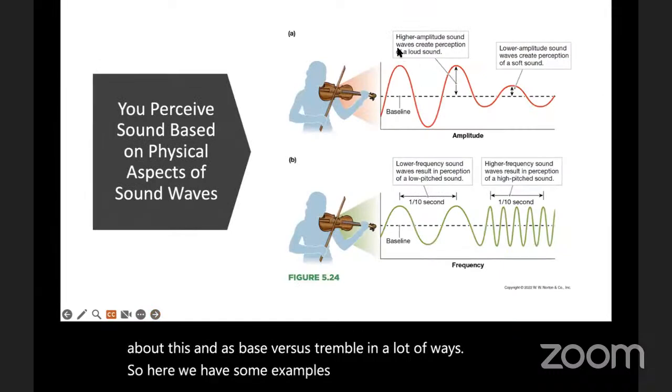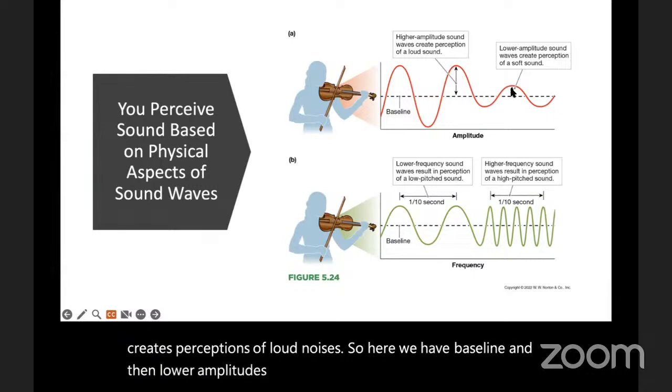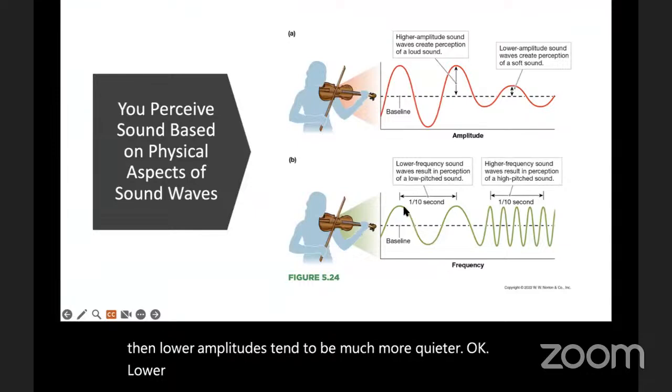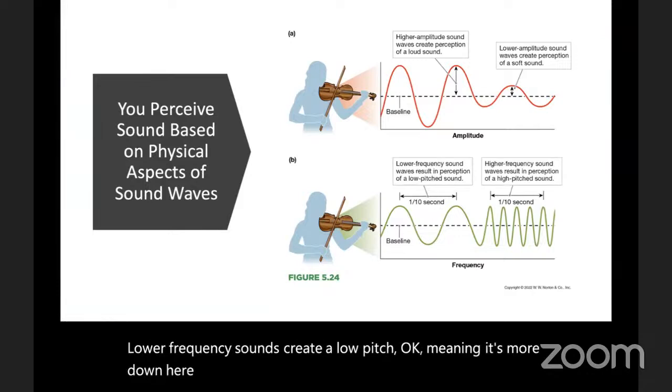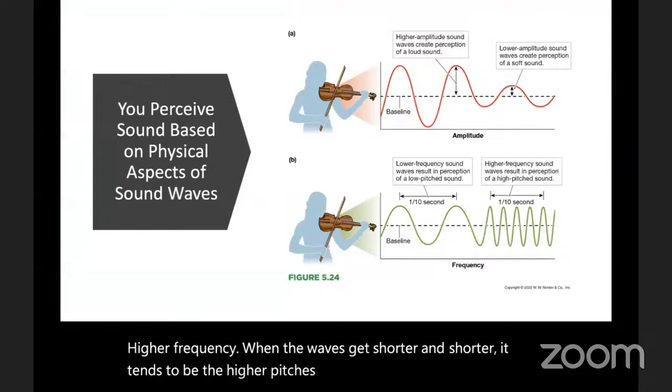A high amplitude sound wave creates perceptions of loud noises. So here we have baseline, and then lower amplitudes tend to be much quieter, okay? Lower frequency sounds create a low pitch, okay, meaning it's more down here on this level. Higher frequency, when the waves get shorter and shorter, tends to be the higher pitches. So if that makes sense on how that works.